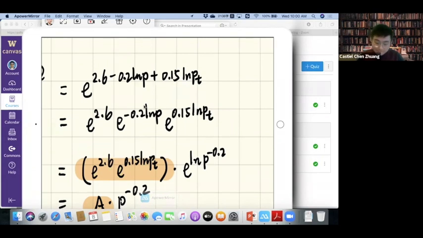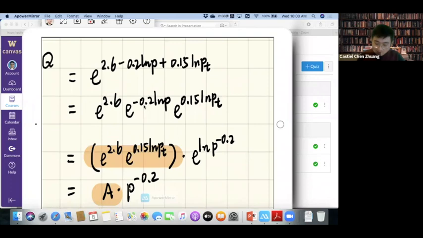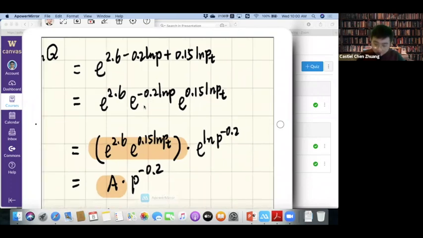And then e to the power of log of something is just that something. So we get a constant times P to the power of negative 0.2.